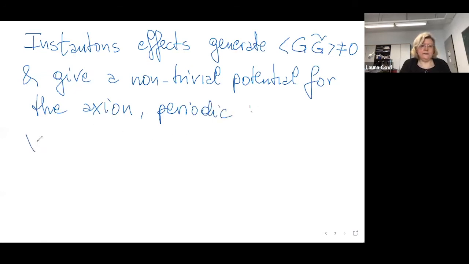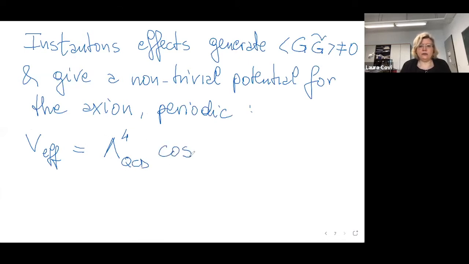This gives the axion potential, which is connected again to the chiral phase transition of QCD, so the QCD phase transition.